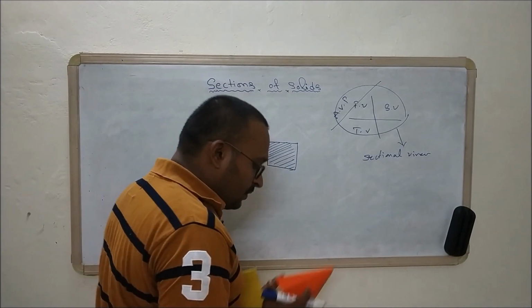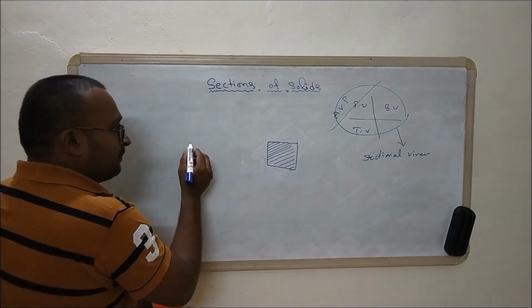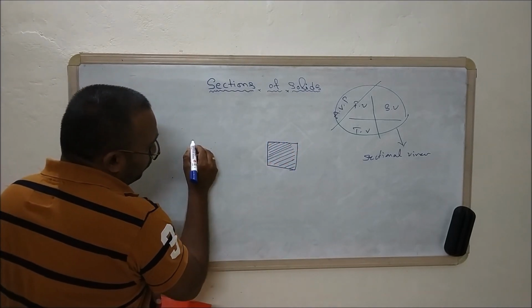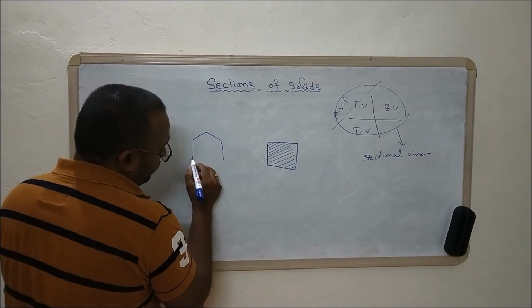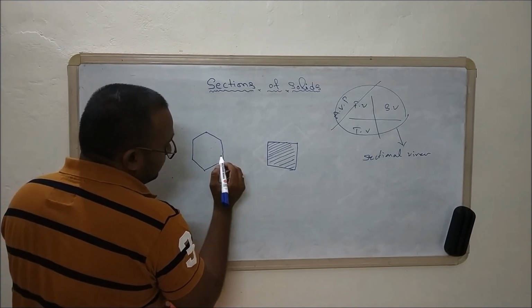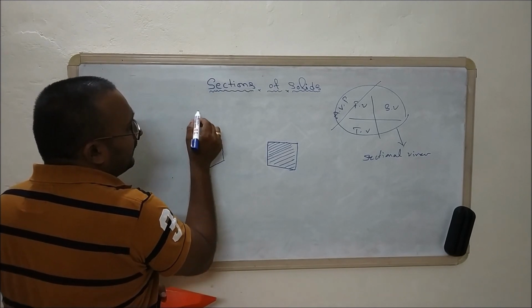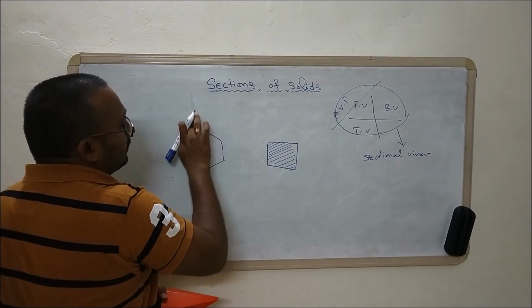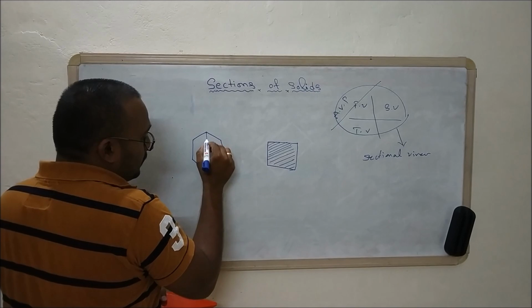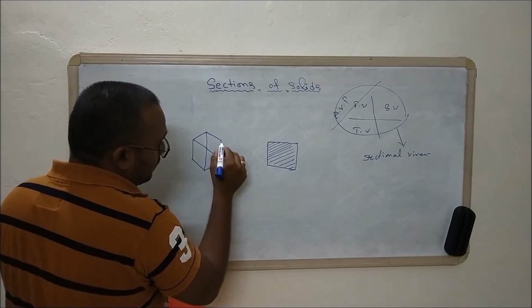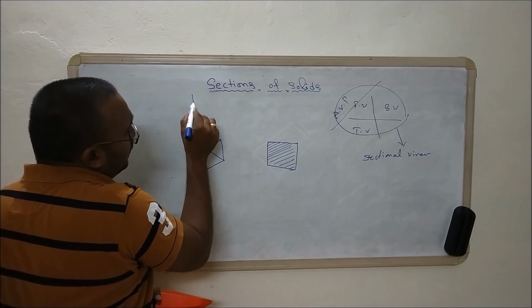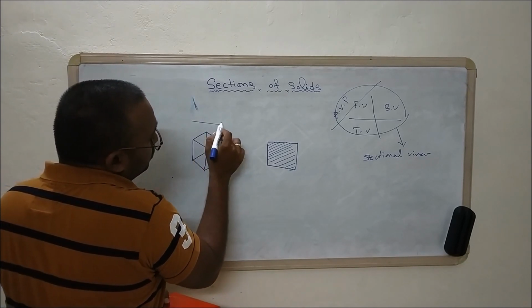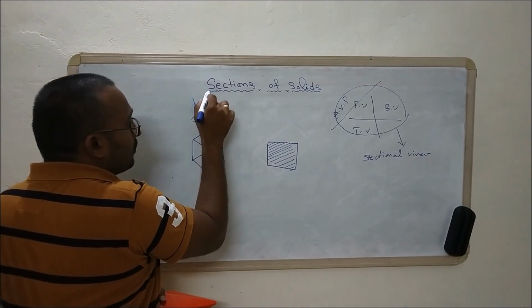Say, for example, if you have a hexagonal prism top view, and you cut that particular pyramid. Let us say here it is a pyramid, and this is the front view.